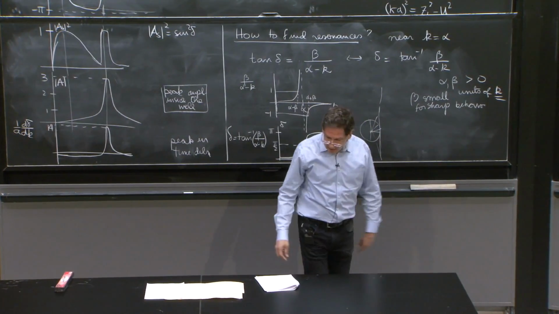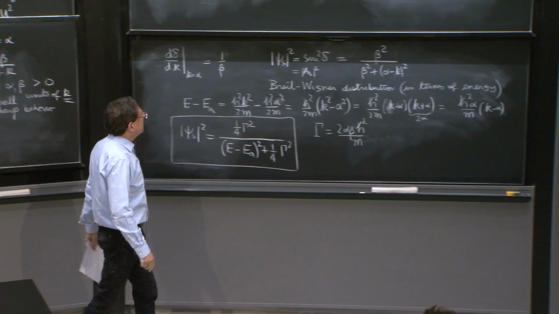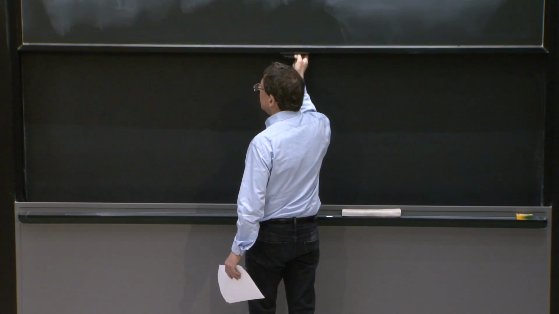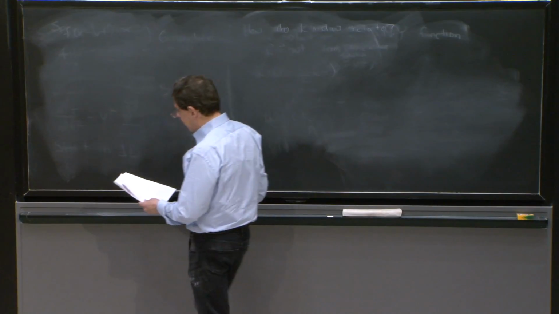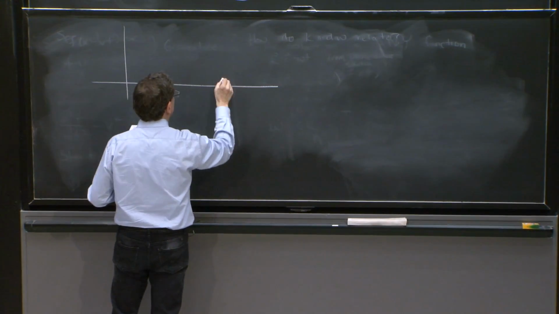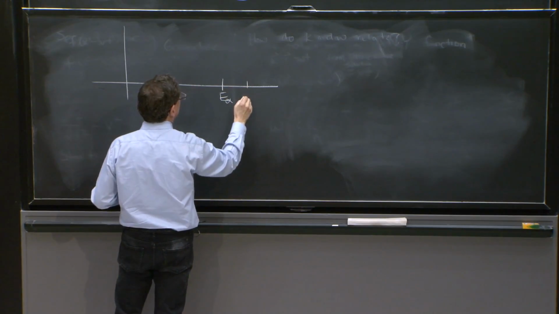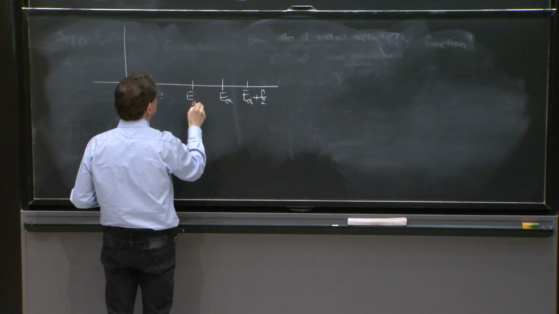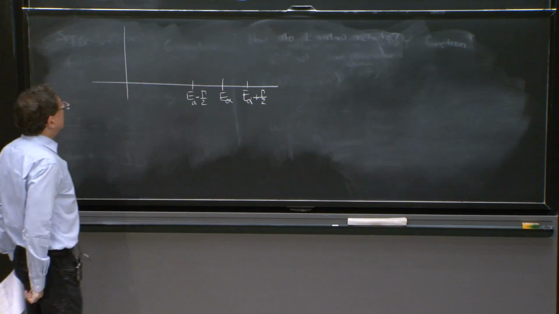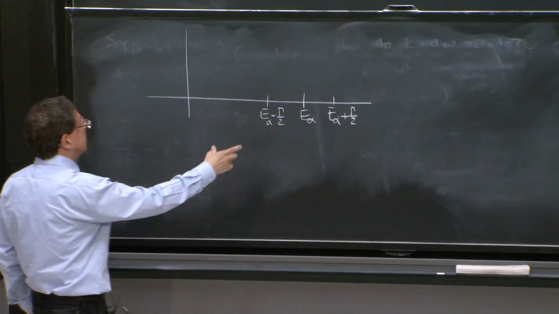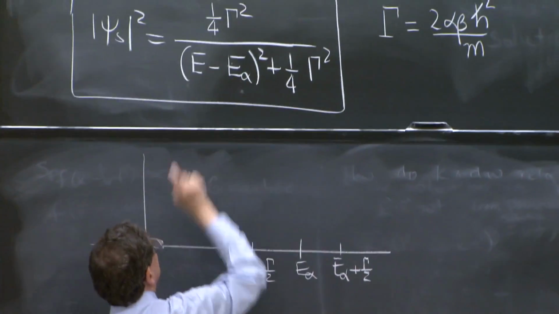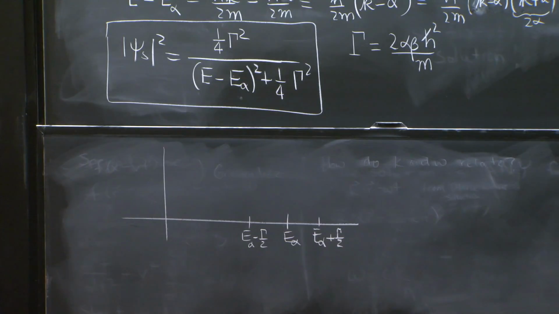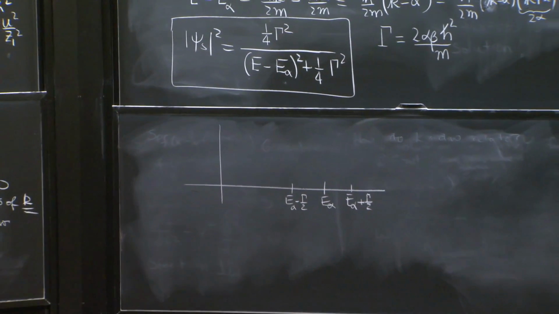So this curve is very famous. That's the distribution of the scattering amplitude over energies whenever you have a resonance. So we should plot it. If you have an E alpha, and you have an E alpha plus gamma over 2, and E alpha minus gamma over 2, when the energy minus E alpha is equal to gamma over 2, you get a gamma squared over 4, so the total amplitude goes down to 1/2 of the usual amplitudes.